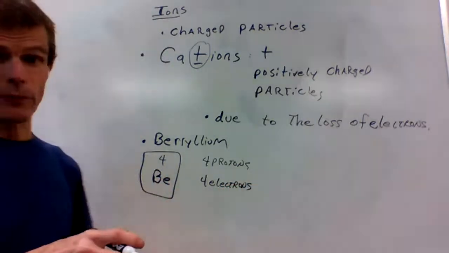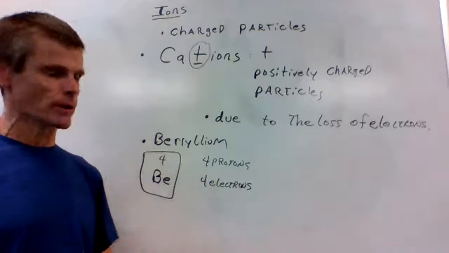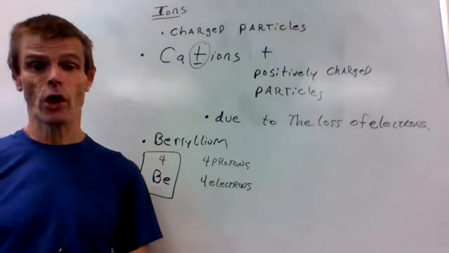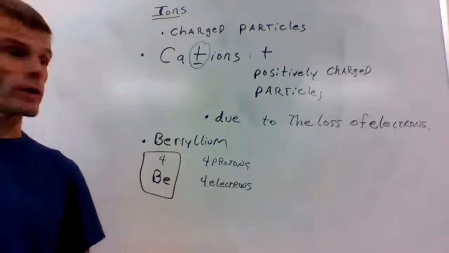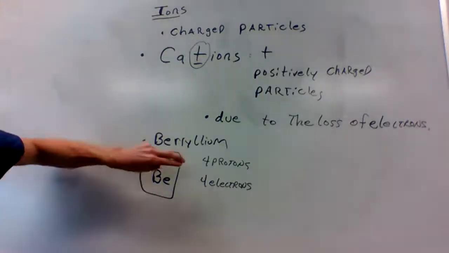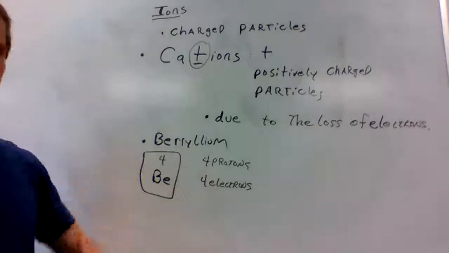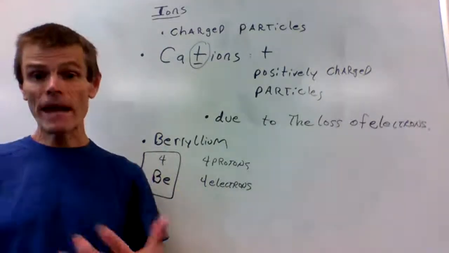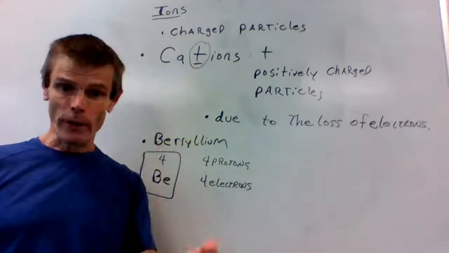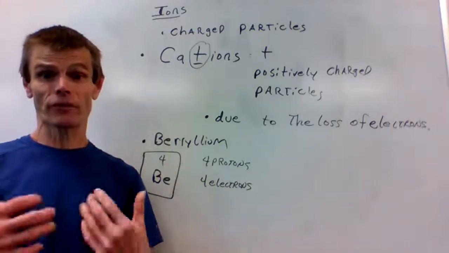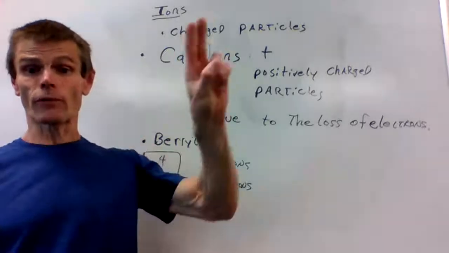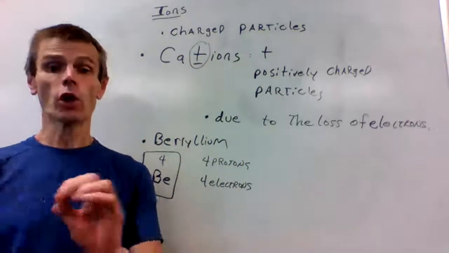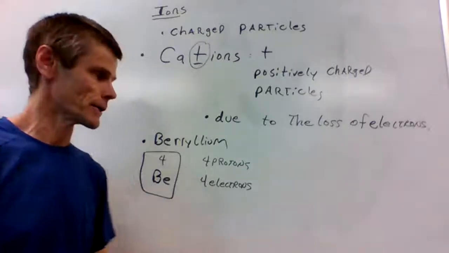We don't give you any more information. We're not giving you its mass number. All we know for sure is based upon its position in the periodic table. What we know is that an atom of beryllium has 4 protons and 4 electrons. Beryllium may undergo a loss of electrons. And this is typical for atoms that sit in the periodic table where beryllium does. And again, we'll learn more about this a little bit later.